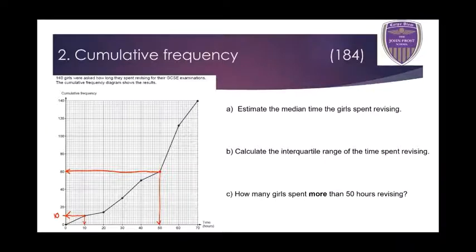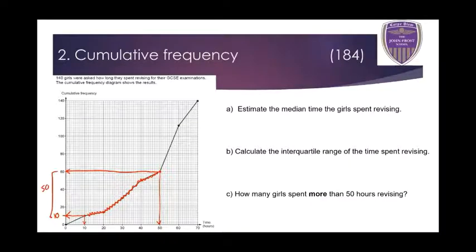If we consider between 60 and 10, so we're focusing on this part of the cumulative frequency diagram, how many people are represented between 60 and 10? Well, it's going to be 50 people, isn't it?